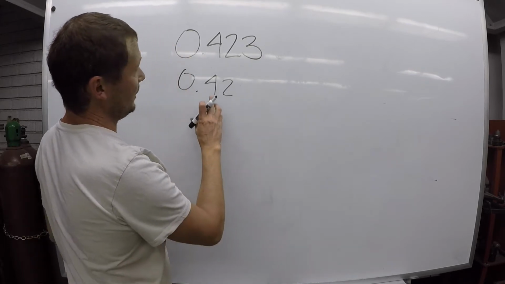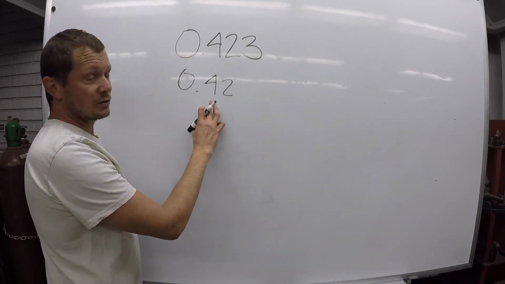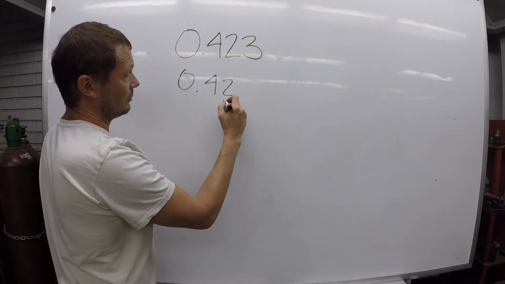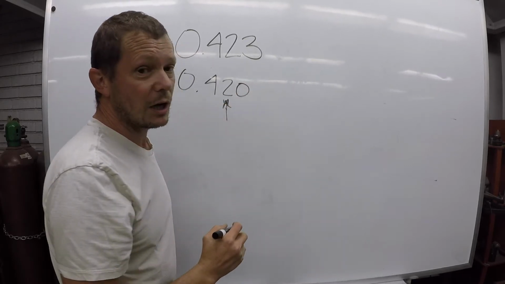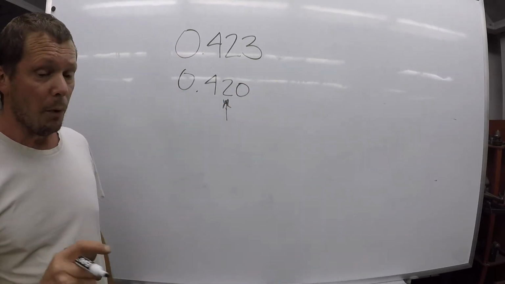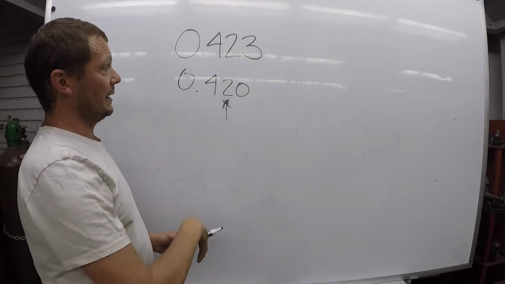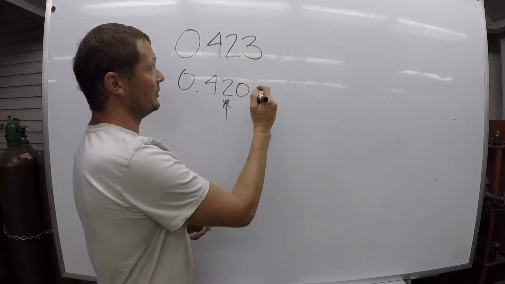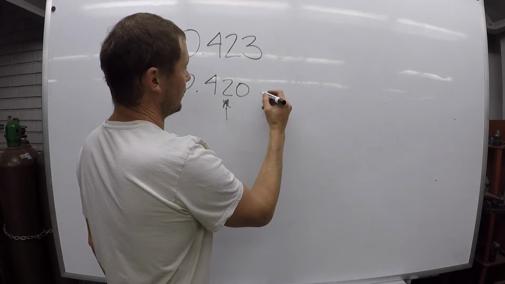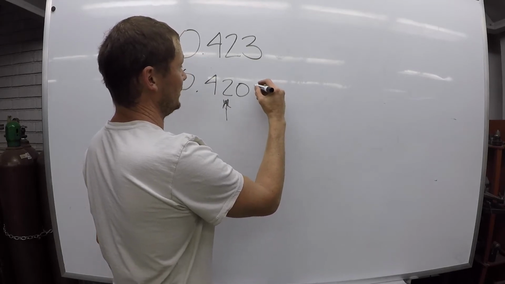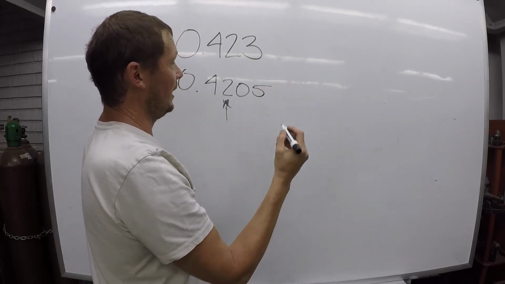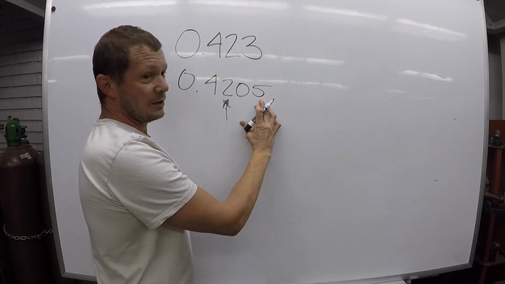So this would be 42 hundredths. Remember, because this is the hundredth spot. But in machine shop world, most of the time we carry things out to the thousandths place. Now you will see numbers carried out to the fourth decimal place. I'm just going to write, say 5 here, to the 10,000th place.